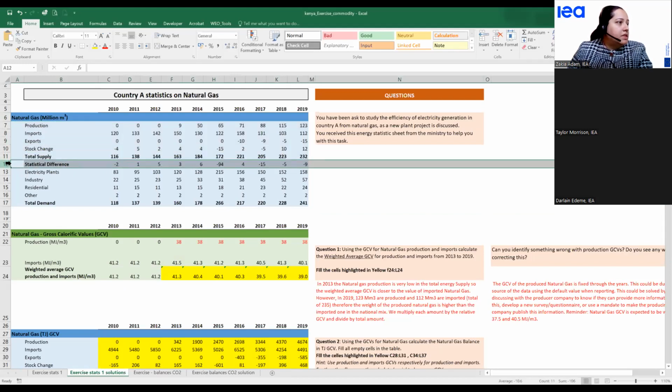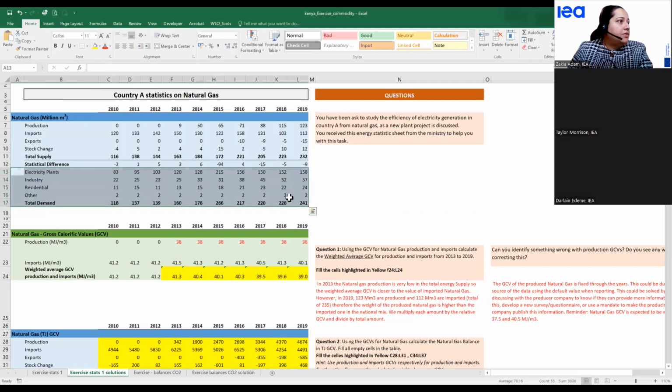Then you have some statistical differences, and some demand for gas for electricity plants to produce electricity, and also some final consumption for industry, residential, and other sectors, such as commercial, agriculture, or other sectors.